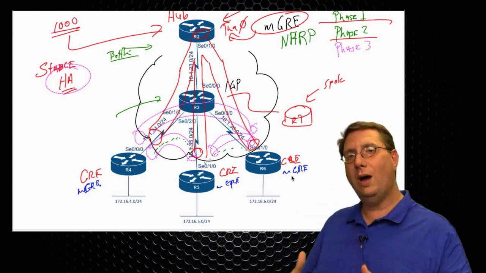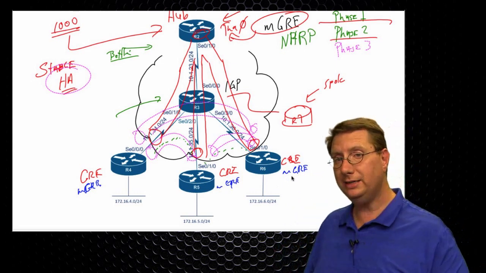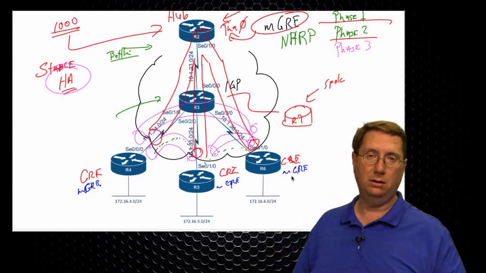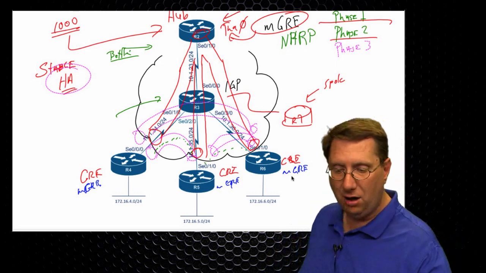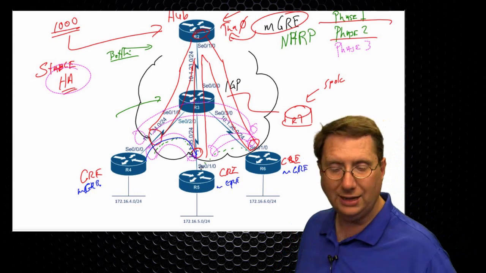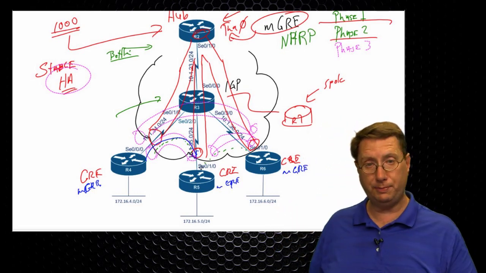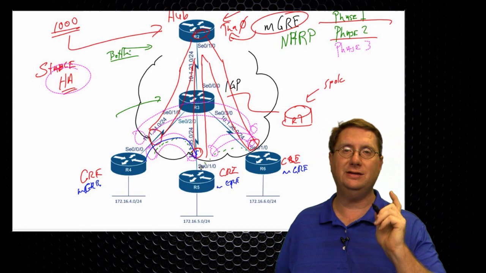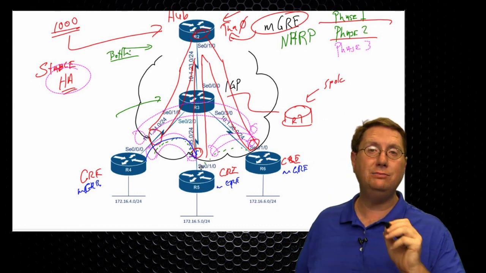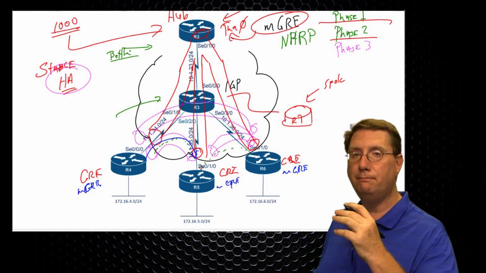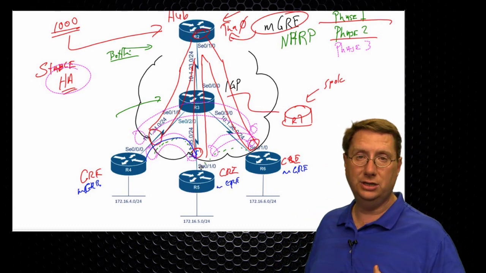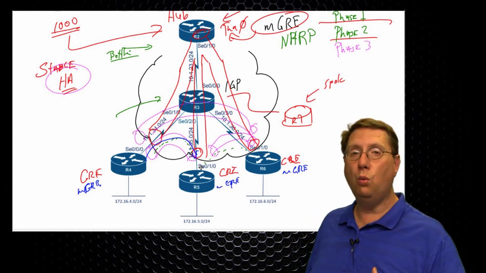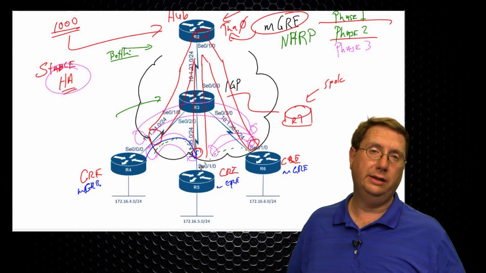Keeping in mind the way all of this operates and interoperates depends on what our design model is. In order for me to send traffic directly from a spoke to another spoke without having to send the traffic to the hub, I need to have MGRE capability so that I can get multiple GRE tunnels on one logical tunnel interface.